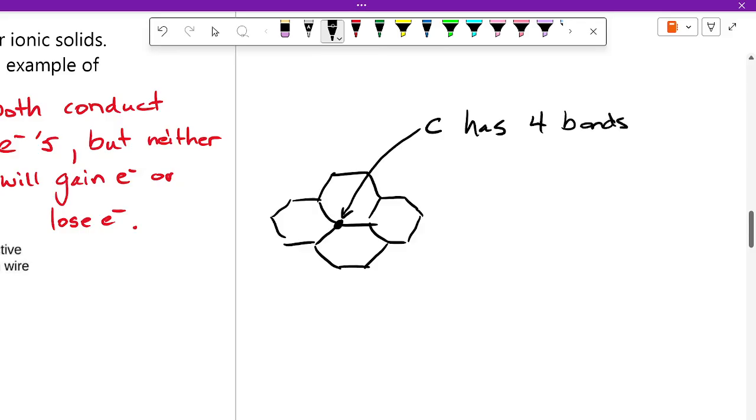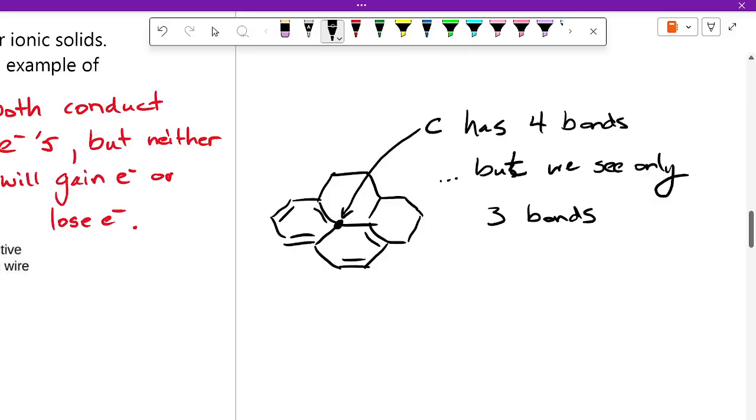But why do I only see 3? There's one that keeps going around. Yeah, so what we have is we have alternating, right?